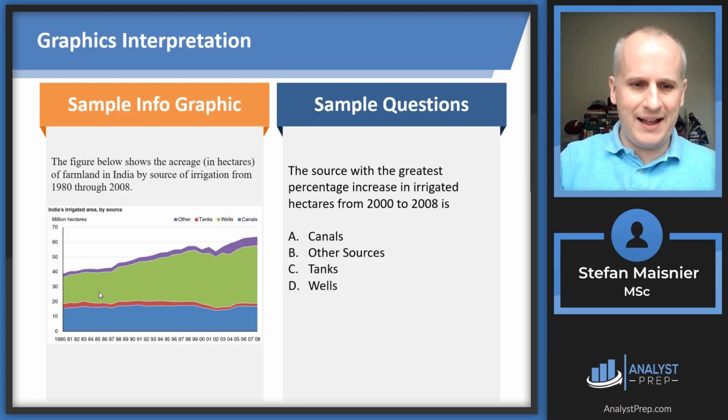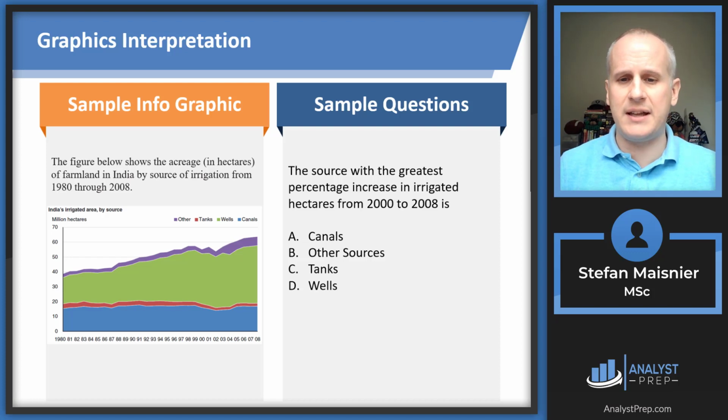So do not come over and start at 1980. That is going to be how you'll get the wrong answer. Instead, come just to 2000 here and look specifically at what has the greatest increase from a percentage perspective from that period to the end of the graphic at 2008.